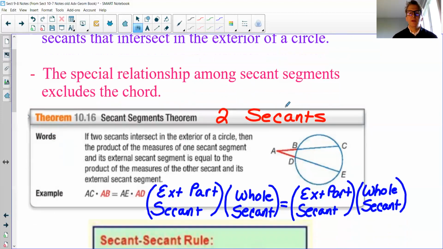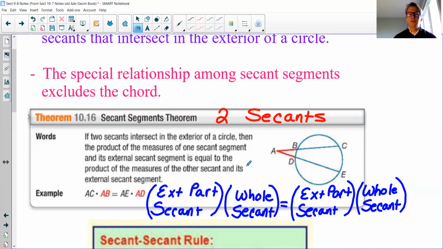All right, and what this theorem states is if two secants intersect in the exterior of a circle, then the product of the measures of one secant segment and its external secant segment is equal to the product of the measures of the other secant and its external secant segment. So this is a secant rule.